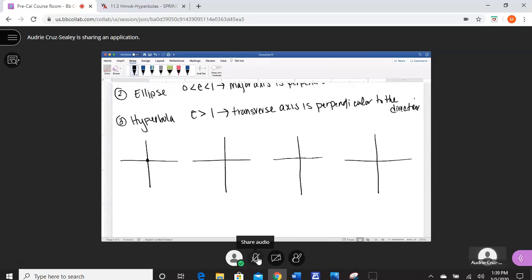Let's say that's the focus, and you have your directrix over here. So this would be x equals d for your directrix, right? Which means that you have this picture going this way.